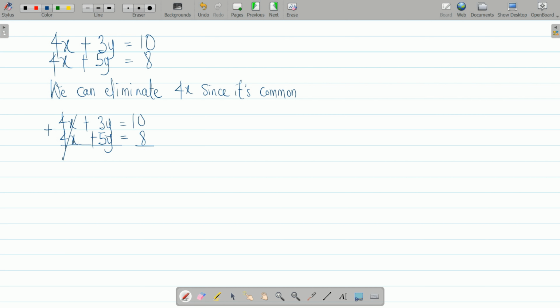For x minus 4x becomes 0, while 3y minus 5y equals minus 2y.